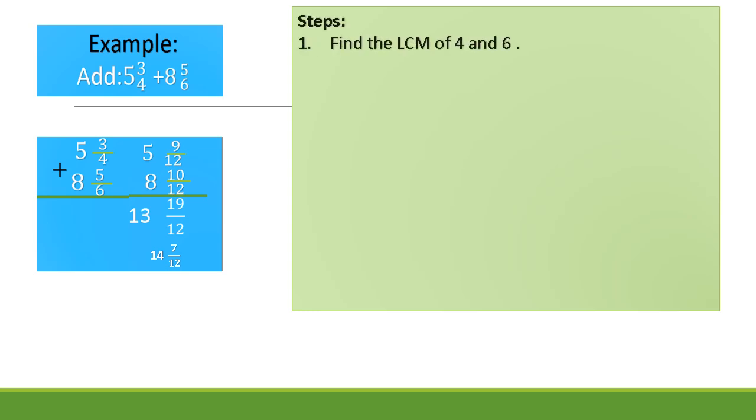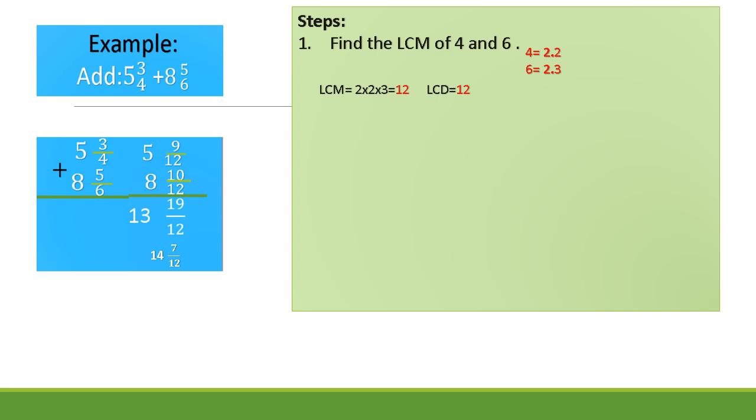Step 1, find the LCM of 4 and 6. The LCM of 4 and 6 is 12. How did we get 12 as the LCM? We use prime factorization. In 4, we have 2 times 2, and in 6, we have 2 times 3.